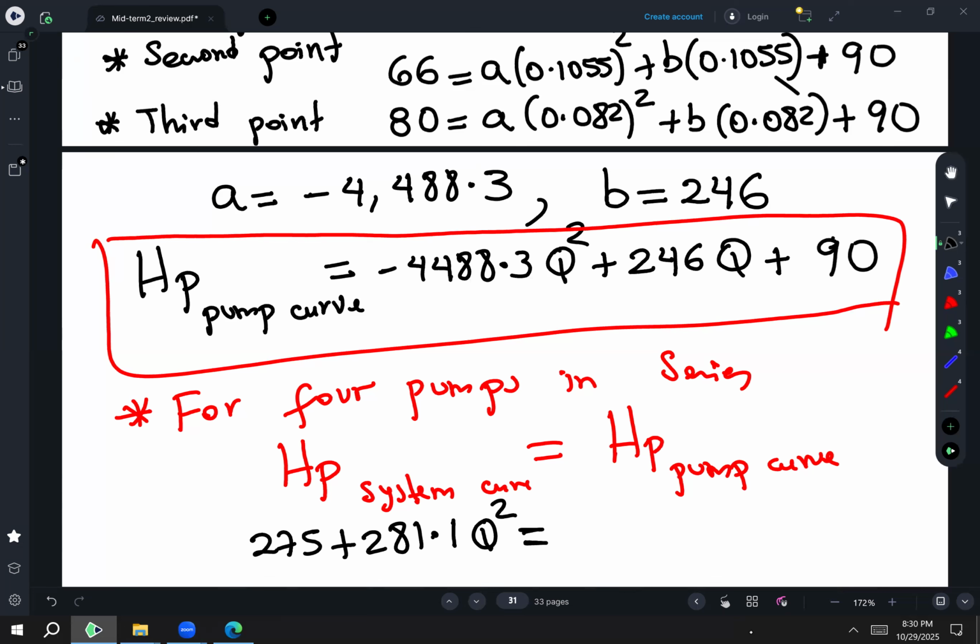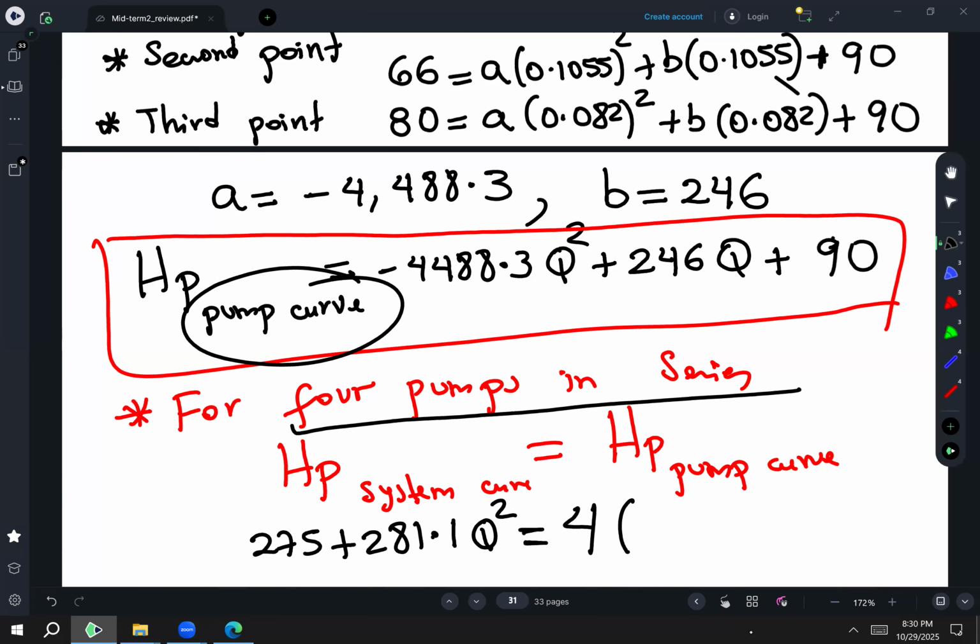And that will be equal to the HP of the pump curve. Now we have four pumps in series, so we have to multiply by 4. 4 times the pump curve, this is for a single pump, so it's minus 4,488.3 Q squared plus 246 Q plus 90.